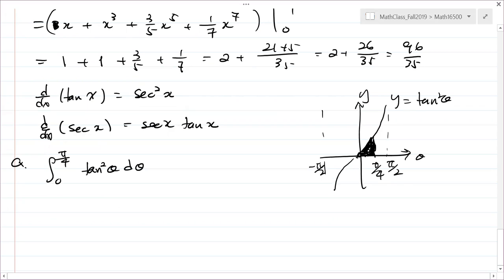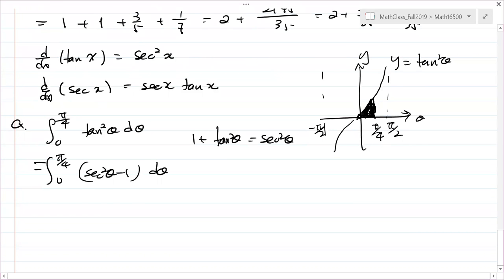How can I find the antiderivative of this function? You see, 1 plus tangent squared theta is secant squared theta. So when you see tangent squared theta, you can change it to secant squared theta minus 1, d theta.